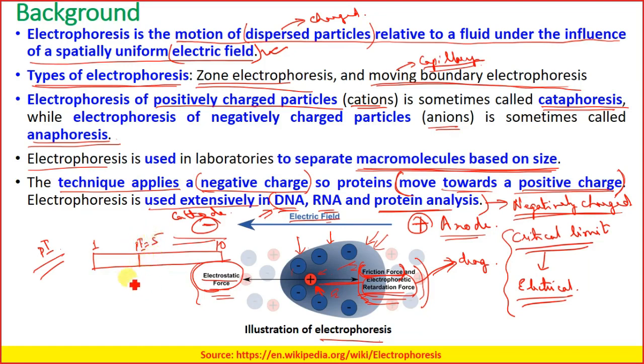In that case the protein will be positively charged in the region 1 to less than 5. Okay. Then at PI it will be neutral, and at pH greater than 5 it will be negatively charged.